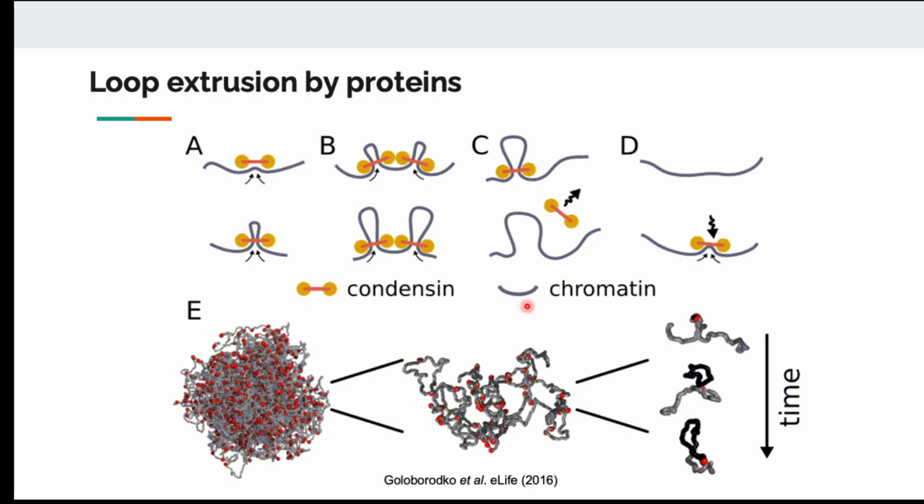This idea originated when people found that the protein that we thought binds to the DNA to help the folding doesn't just bind to the DNA. It acts like a motor protein. It can move the DNA when bound. This idea is called loop extrusion because this protein moves the DNA so that the DNA becomes a loop. So it extrudes the DNA into a loop.